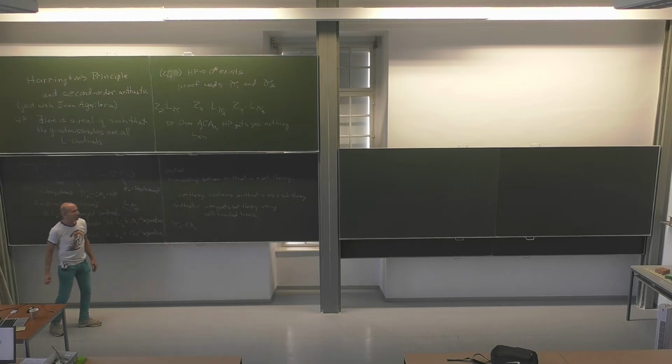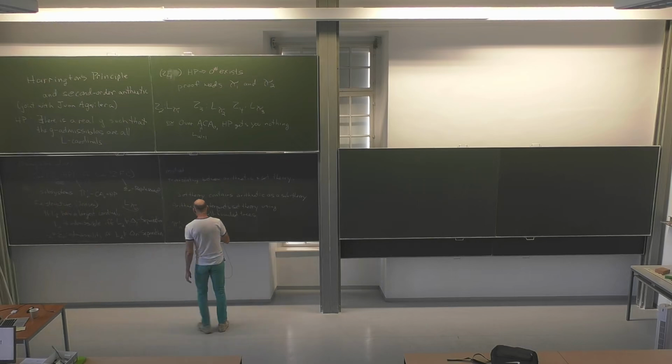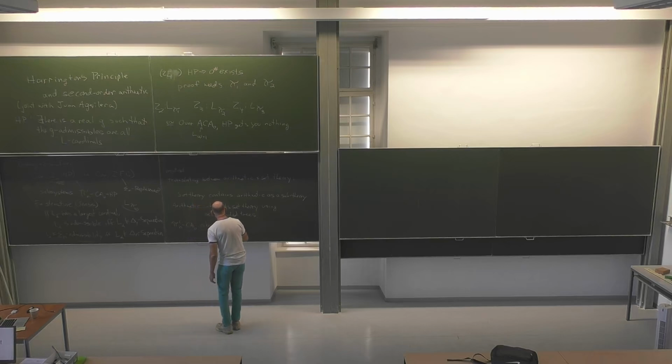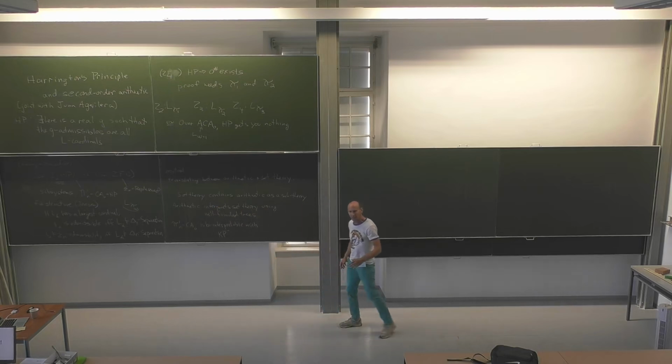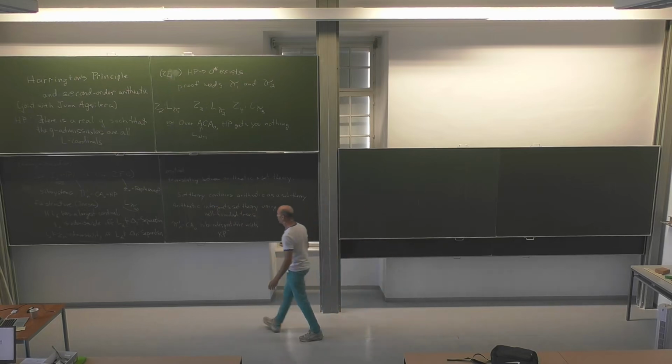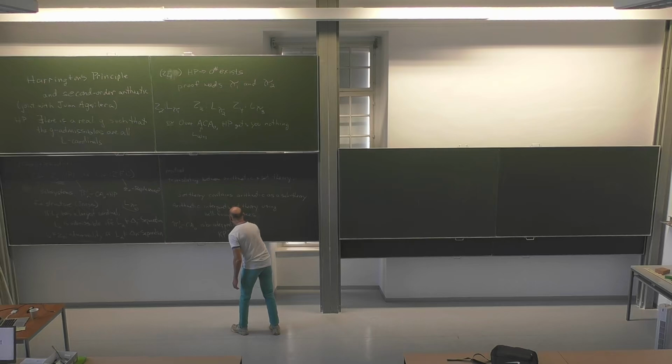So Pi 1 n comprehension is mutually interpretable with, on the set theory side, KP without foundation, with set foundation only, plus Pi n minus 1 separation.